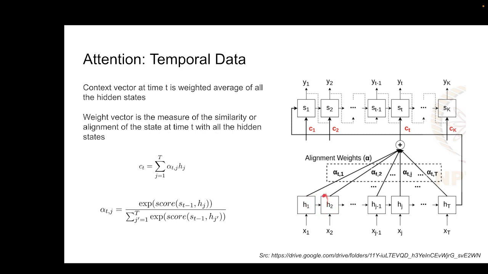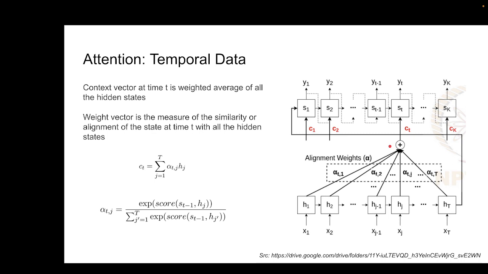So if suppose h_2 is very important for this s_{t-1}, then the weight for h_2 will be very high. If this h_T is very less important for this particular s_{t-1}, then the weight here will be very low, right.